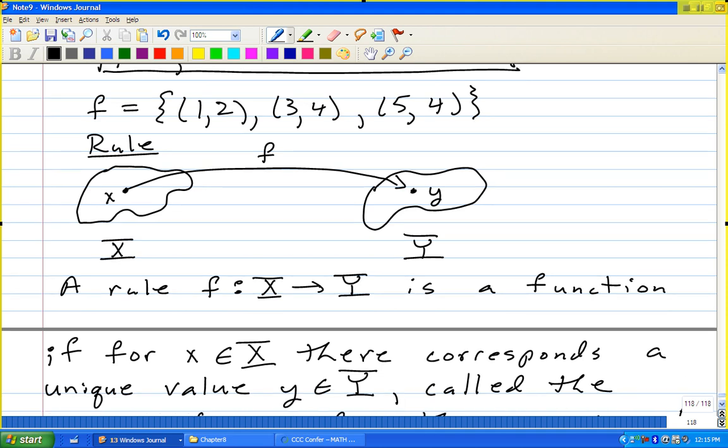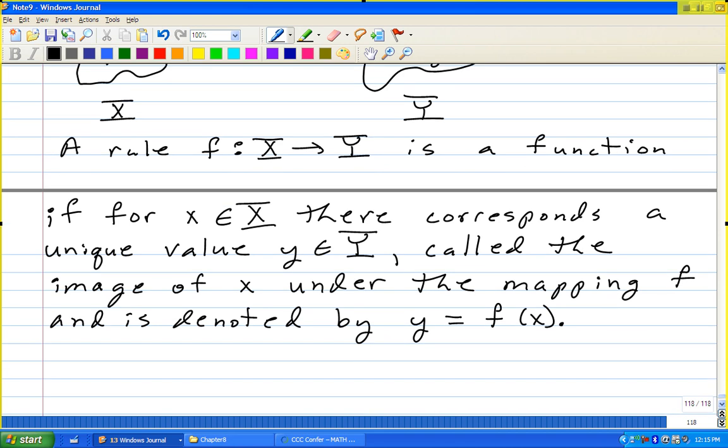So notice that for this x, there is a unique y. And so for this x, we have a unique y.